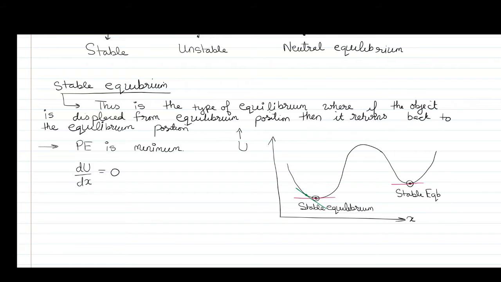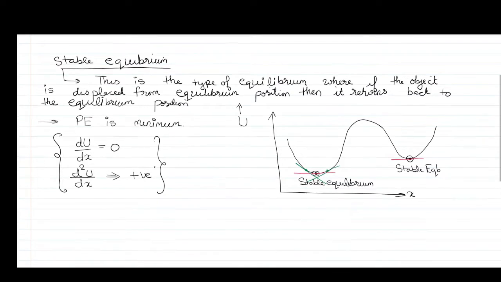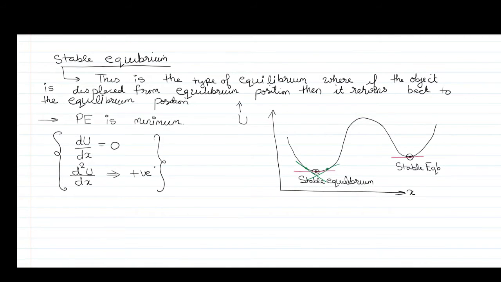Then at stable equilibrium, slope will be 0. And after stable equilibrium, slope will be positive. So wherever there is stable equilibrium position, slope is increasing. It means that double differentiation of U with respect to x is positive. So for stable equilibrium position, these two conditions must be satisfied. One time differentiation must be 0 and double differentiation must be positive.